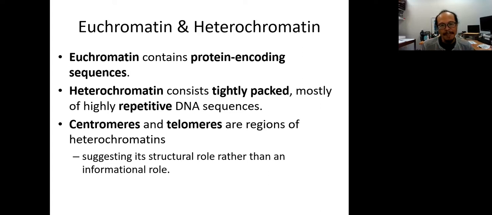In contrast, the euchromatins are more openly accessible, and their codes contain the genetic codes for protein synthesis. All right, so from here, we learn the chromosome structure can be dynamic.